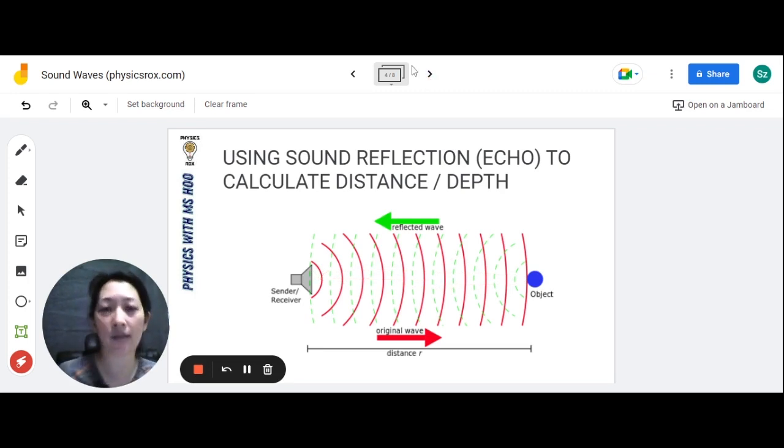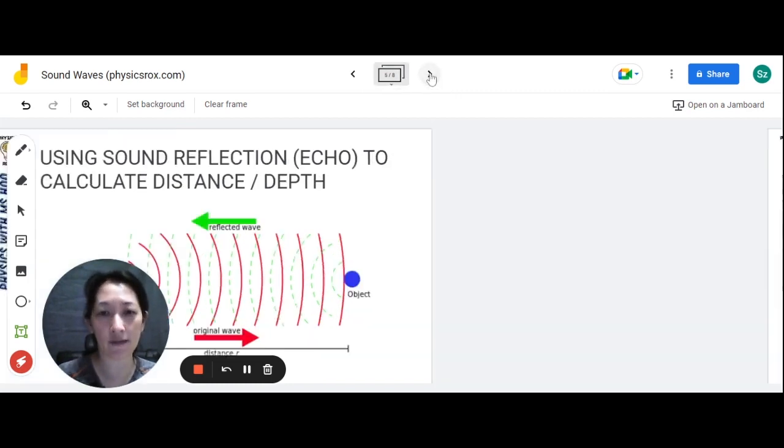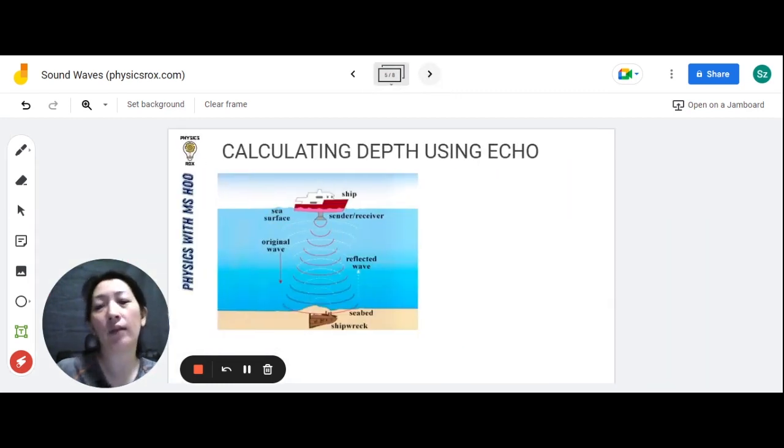How is this used to calculate distance and depth? In what situation do we use this in real life? For example, we would use this as an echo sounder to determine the depth of the sea. So how this works is the ship would have that sender and receiver. It will send the sound out, hit the bottom, and receive the sound wave that's reflected back.